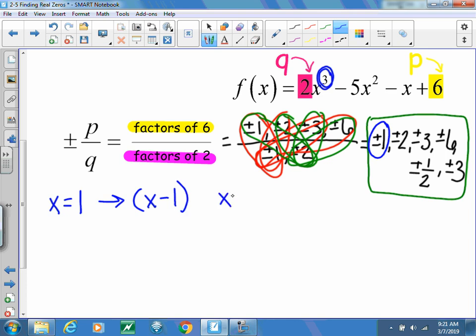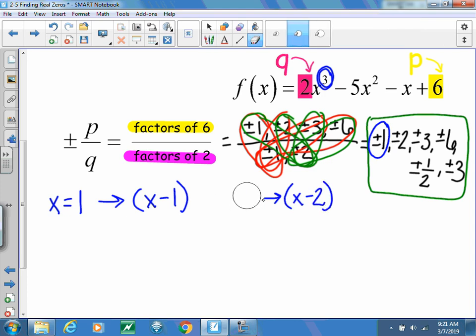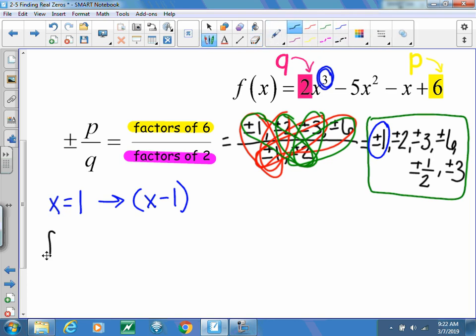Just like if I had x is equal to 2, the factor that's associated with that would be x minus 2. So I'm going to take f of x, and we are going to divide that by x minus 1.